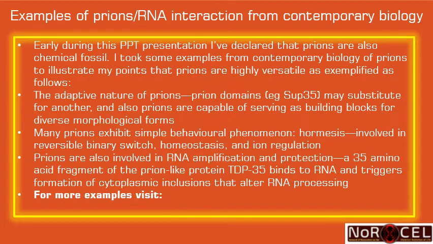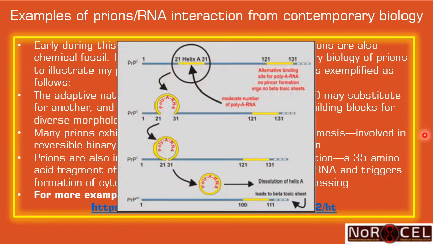You can check further information in my paper by clicking here. This overlay shows what would happen if poly A were to attach on this prion between amino acid number 21 and 31.